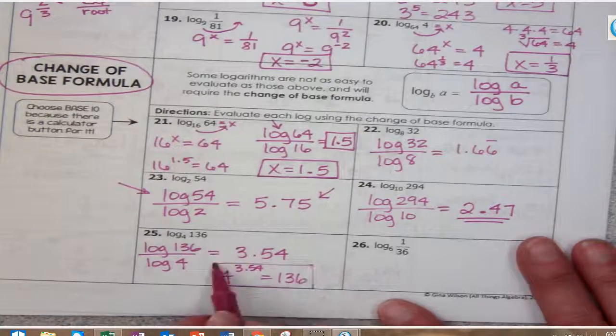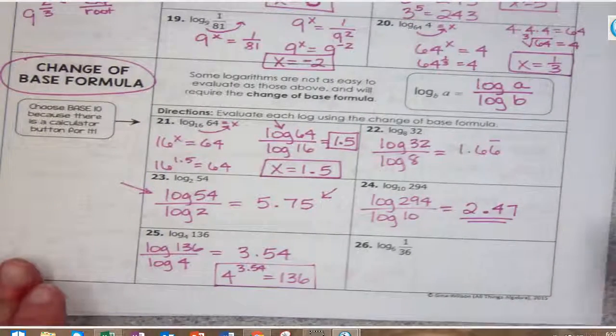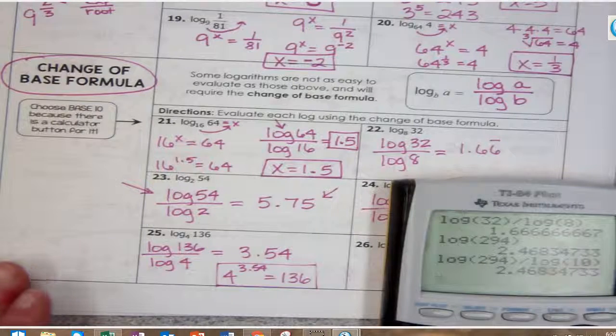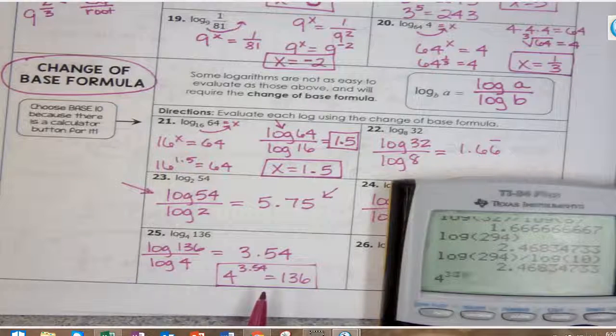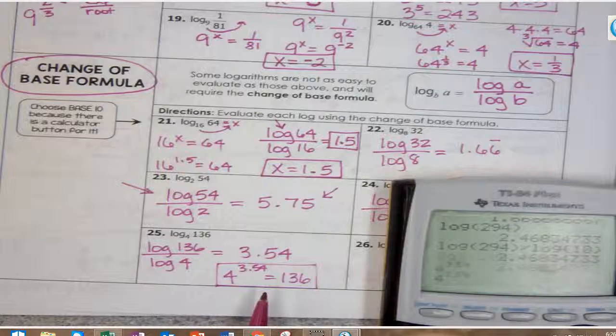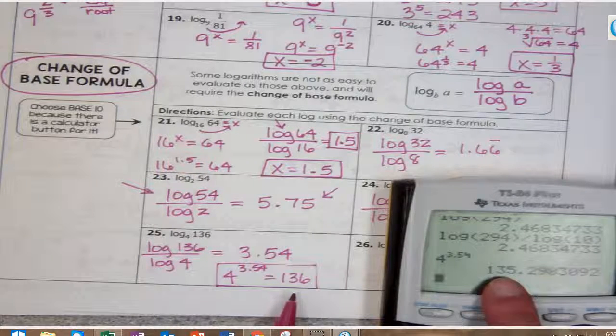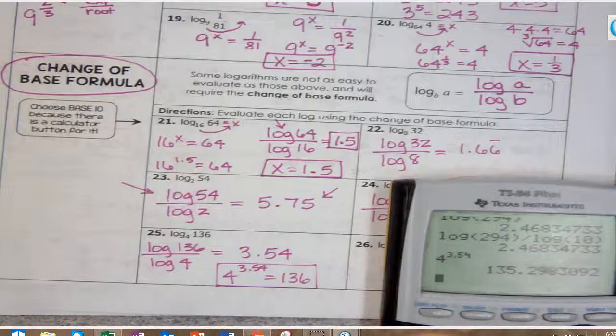Isn't that kind of what we did up there? And if we come here, and I already did this, it doesn't actually work out completely because I'm rounding, but if I type in 4 raised to the 3.54 power, I get 135. Not quite 136 because I'm rounding.